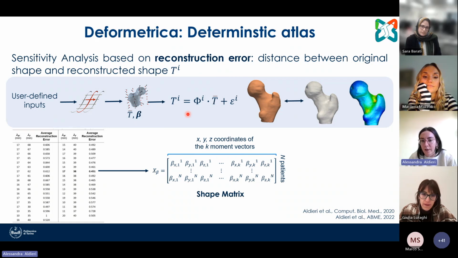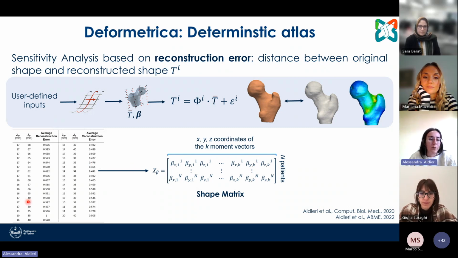So at the end of the day, we can take our reconstructed shape and our input original shape, compare the two in terms, for example, of Euclidean distances, and eventually get an average reconstruction error. Our objective is to get moment vectors able to reconstruct a shape as close as possible to the original shape, which means that our sensitivity analysis must aim at identifying the lowest average reconstruction error, okay?